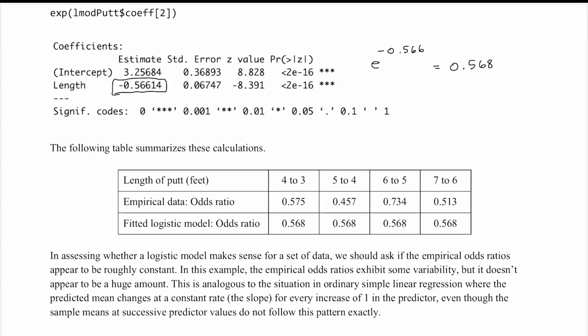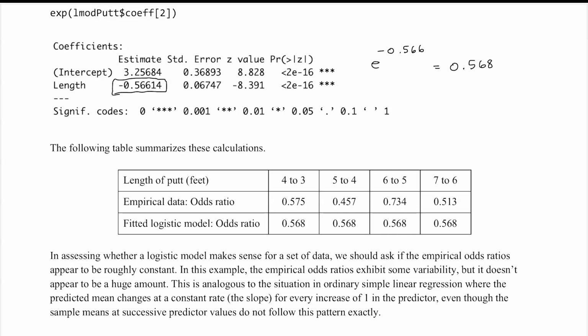So in the middle row in this table, we have 4 feet to 3 feet, 5 feet to 4 feet, 6 feet to 5 feet, 7 feet to 6 feet. So we're just working our way through the lengths there and making comparisons. The odds ratio is different for each successive pair of putts in the actual data, but in the fitted model, that odds ratio stays the same, 0.568. Again, that is e raised to the slope of that regression equation.